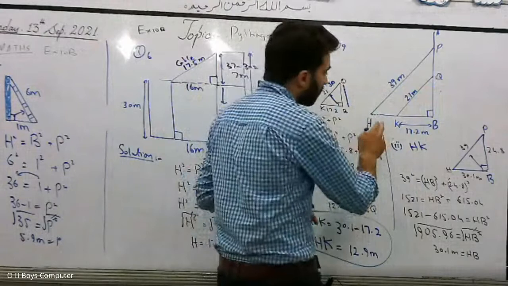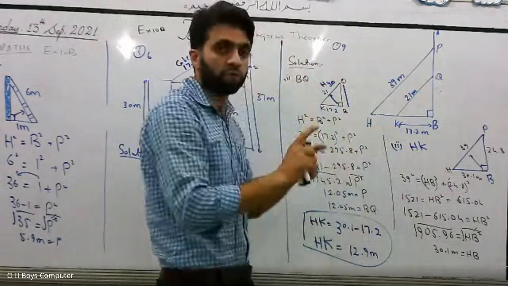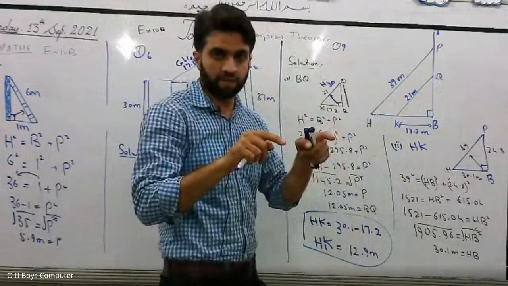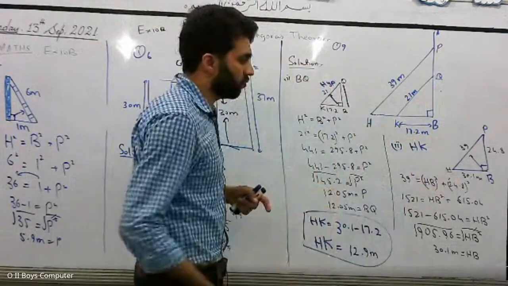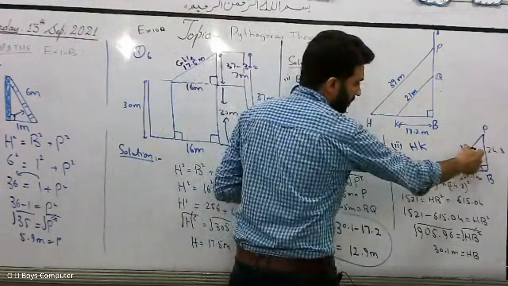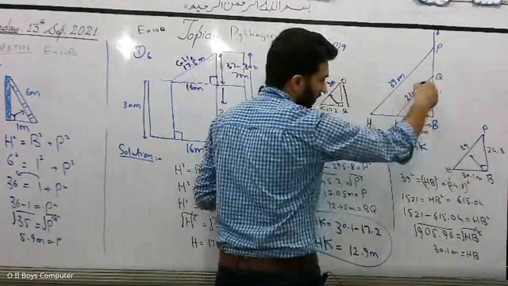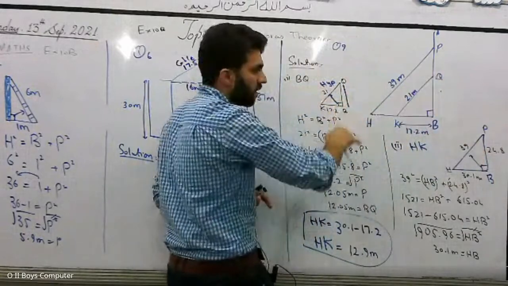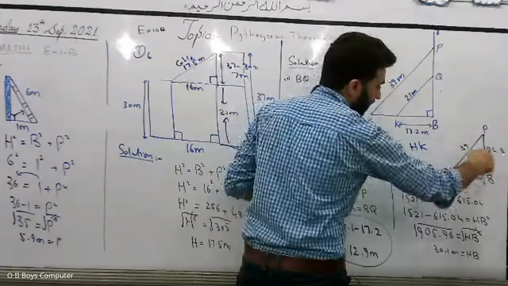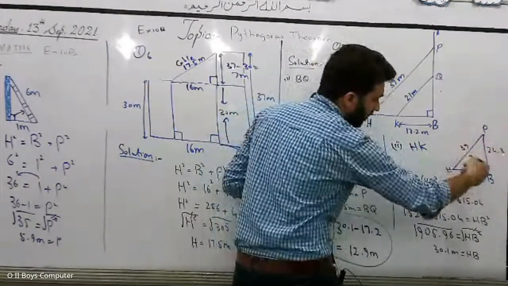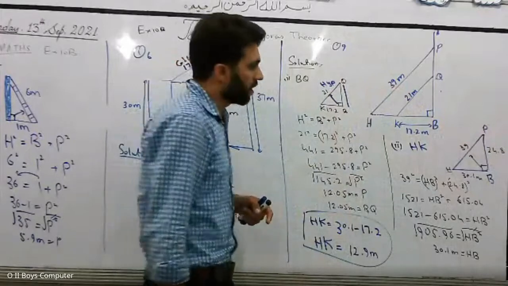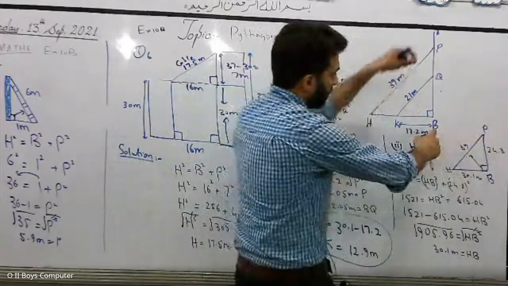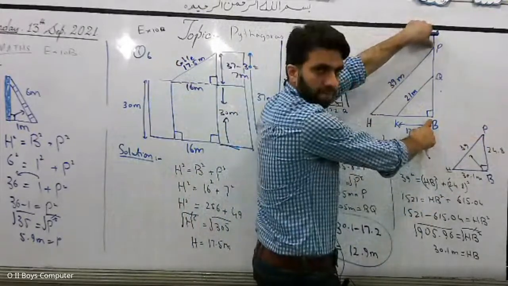So now for finding HK, we have to take a bigger triangle. Okay. In the bigger triangle, again I have taken the bigger triangle out for you. This is the bigger triangle. I have missed the smaller one because we have found that already. In this triangle, 39 is the hypotenuse. Okay, and what is the perpendicular? PB is the perpendicular.